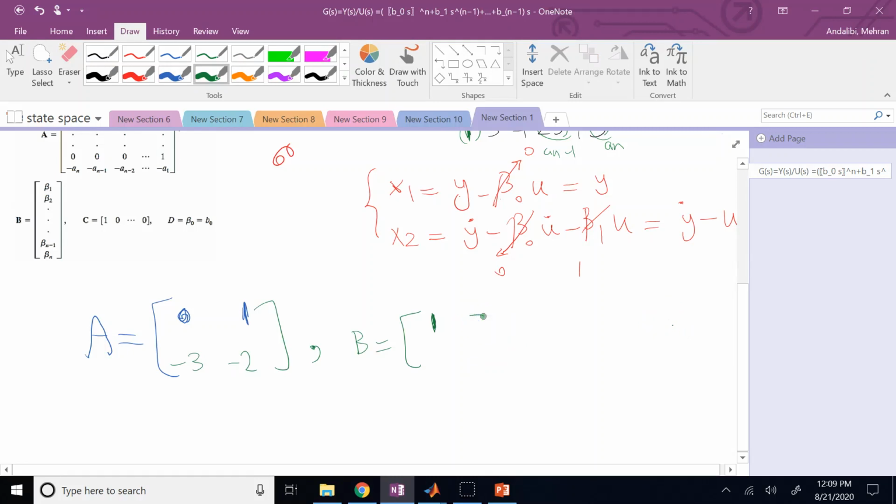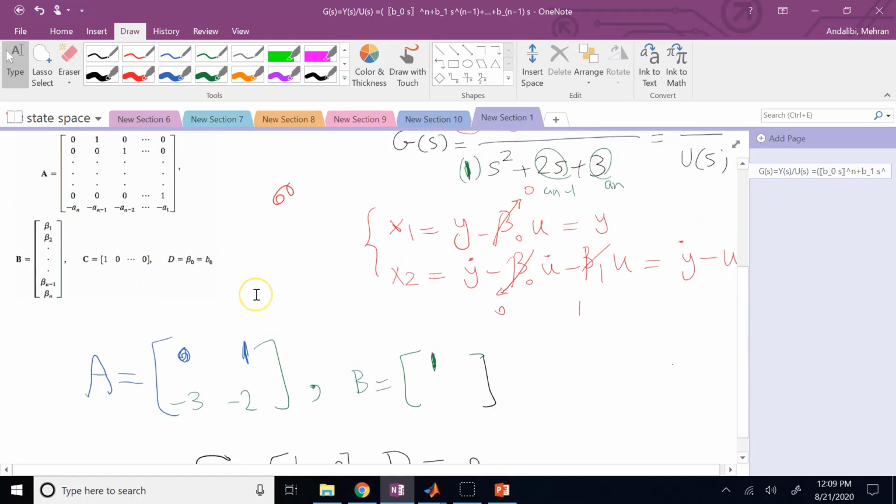Then I have my C, which is simply 1 and 0. And D is simply beta naught, which in this case is 0. So the only thing I need to find is the second entry of B, which is beta 2.